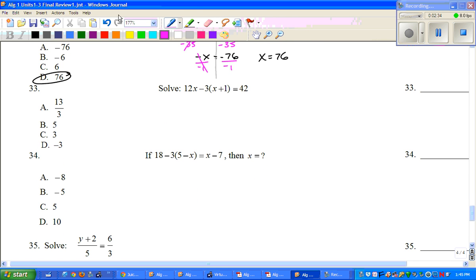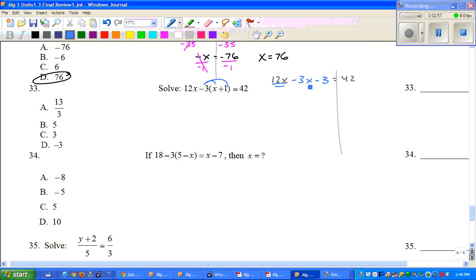All right, 33. Let's go ahead and rewrite 33. And I'm going to rewrite it after I distribute. Negative 3x minus 3 equals 42. Draw the line.